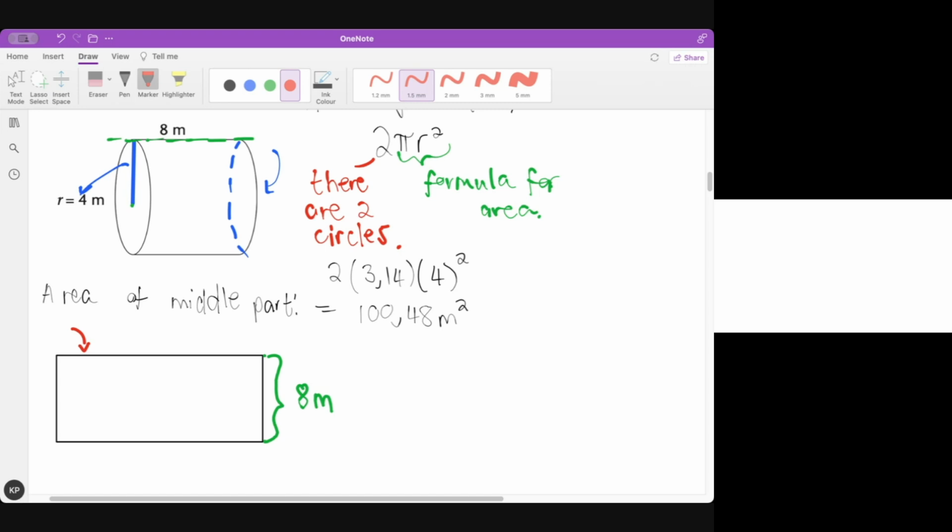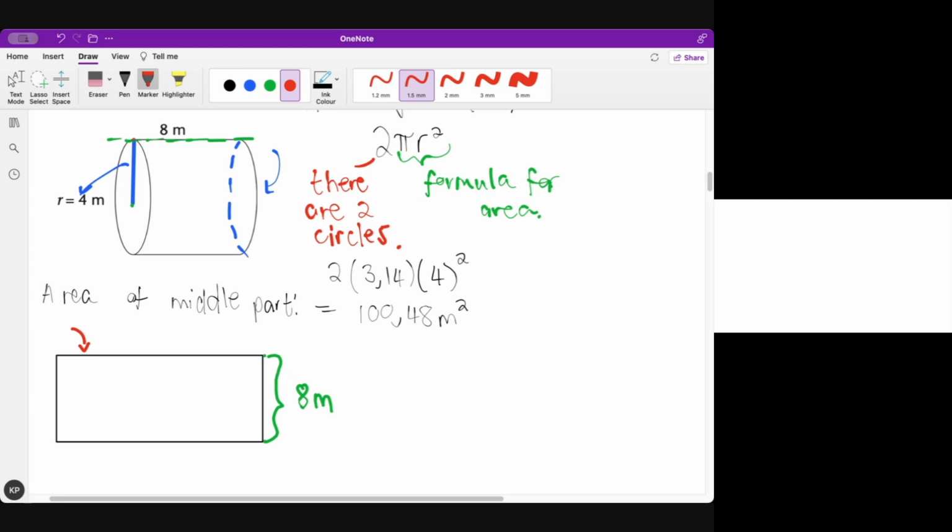Perimeter, or in circles specifically, what's the word we use? Think about it, guys. Circumference. Thank you. It's the circumference, right?